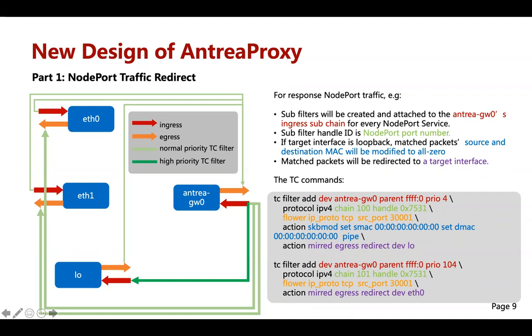If the subchain is for loopback, the source MAC and the destination MAC address should also be rewritten to L0. Otherwise, the loopback will drop the packets whose source or destination MAC address is not L0. Okay, here is the TC command.